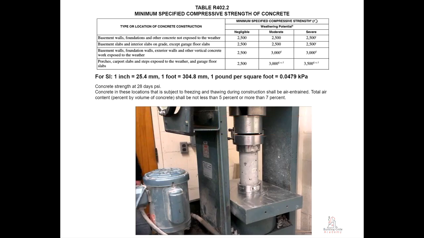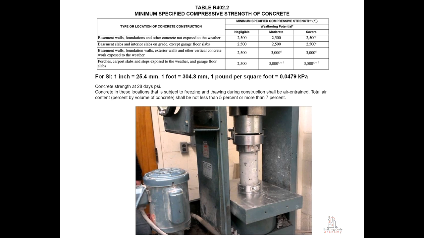Table R402.2. Minimum specified compressive strength of concrete. Concrete compressive strength can vary from 2,500 psi, 17 MPa, for residential structures to 4,000 psi, 28 MPa, and higher in commercial structures.